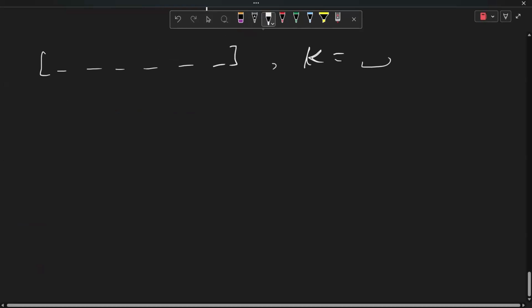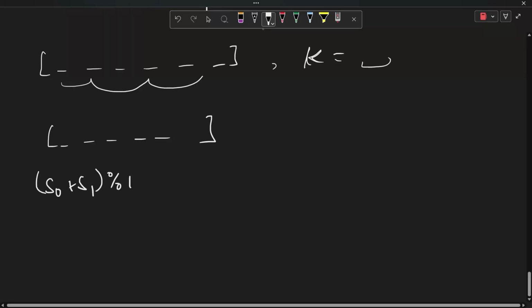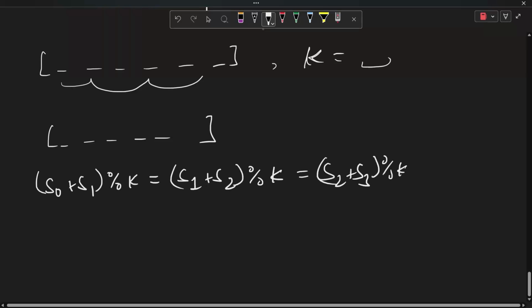Now the condition is you have to just pick some subsequence from that array, select some of the elements so that if you have formed this subsequence, the condition it should satisfy is S0 plus S1 modulo K should be equal to S1 plus S2 modulo K should be equal to S2 plus S3 modulo K, and likewise until the end.